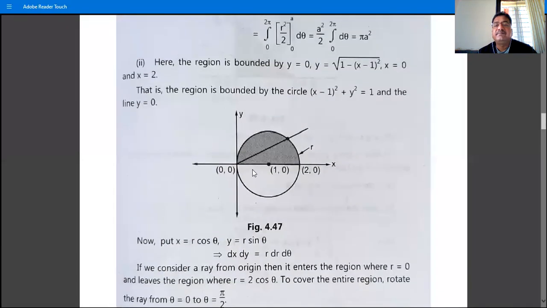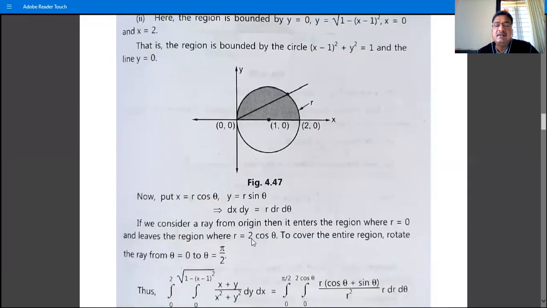Similarly here, this r runs from r is 0 at this place, and at this place r is 1. x is 1 at this place, on this circle.